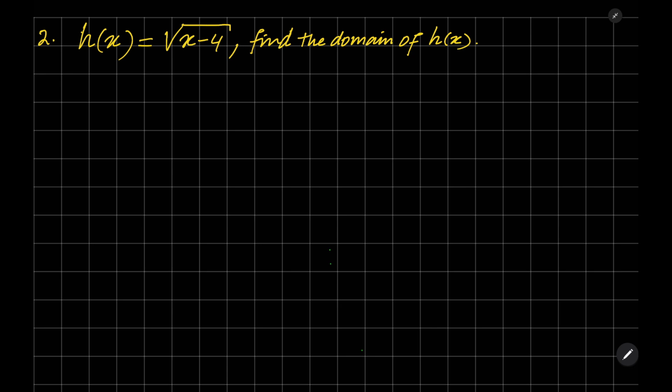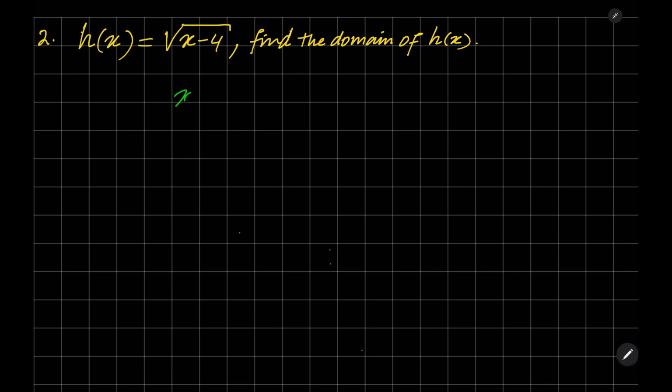This is question 2. h of x is equal to square root x minus 4. Find the domain of h of x. We know that square roots can never be less than 0. So we'll set that inside the square root to be greater than or equal to 0 and solve for x.